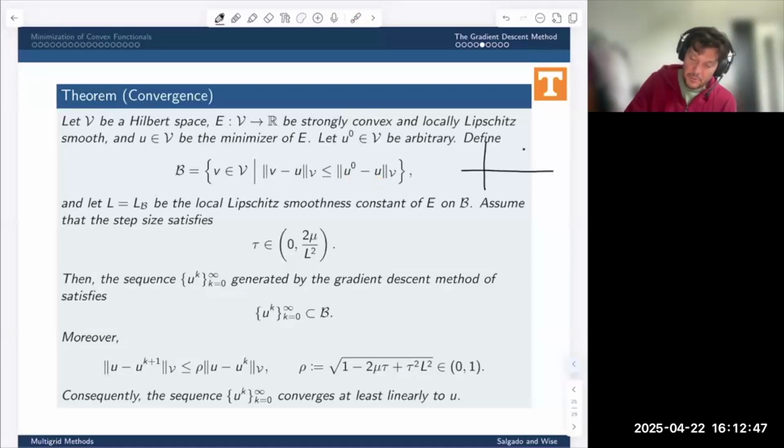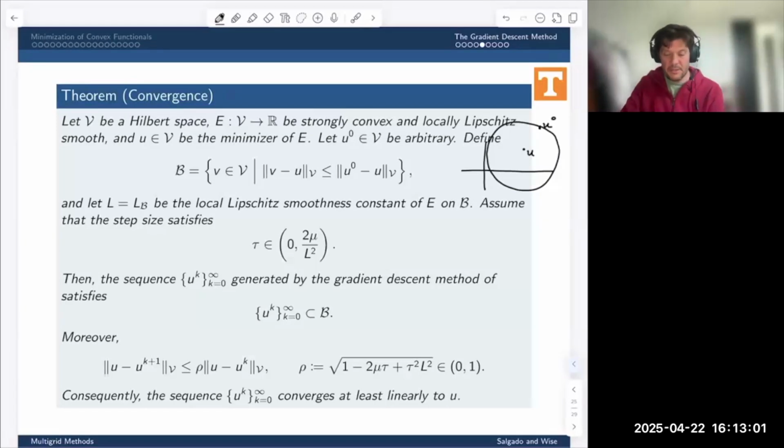We have our global minimizer, U, our starting point, u naught, and this creates a ball, right? So basically this ball B is anything in this shaded region. So it has to be all points which are at least as close to U as u naught is. This is our set B.